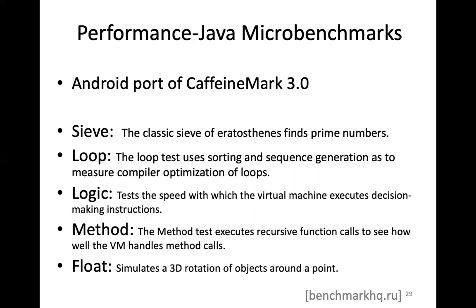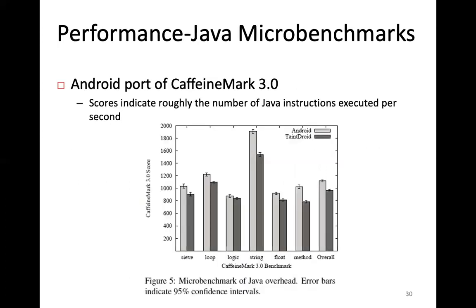For the standard benchmarks, which we call CaffeineMark, as you can see over here, there is a significant amount of overhead. It reduces the performance by quite a bit as you run things on top of TaintDroid.